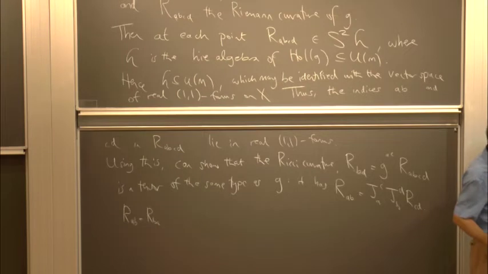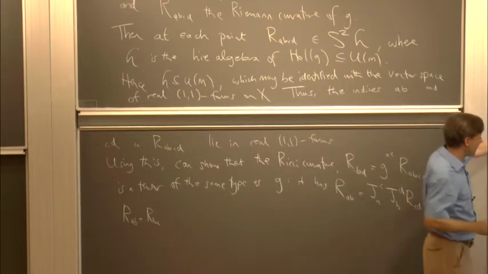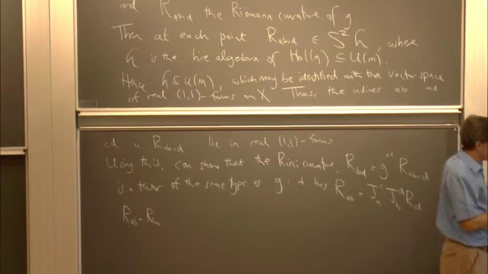So the forms of type (m,0). There's a name for this, and the notation is K_X, called the canonical bundle.